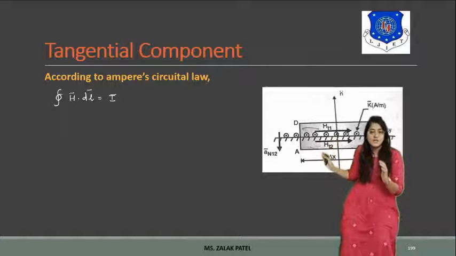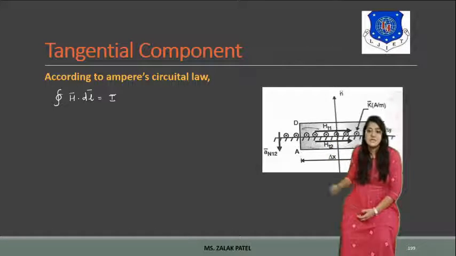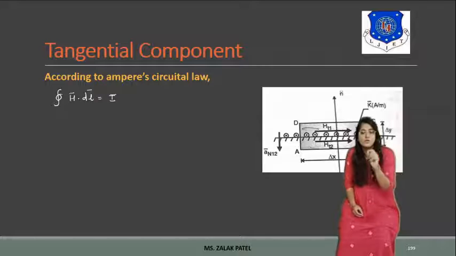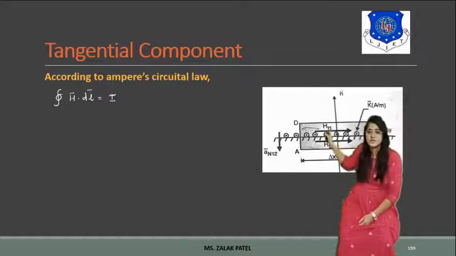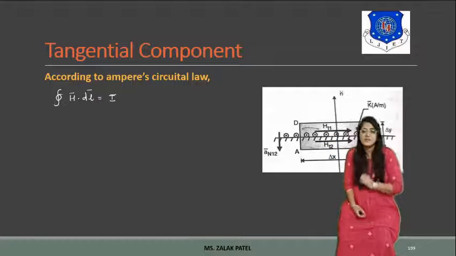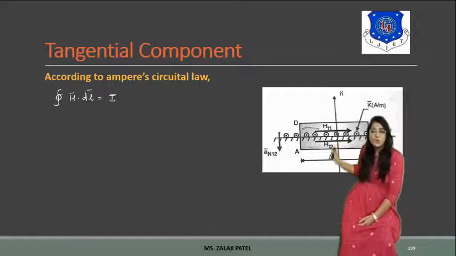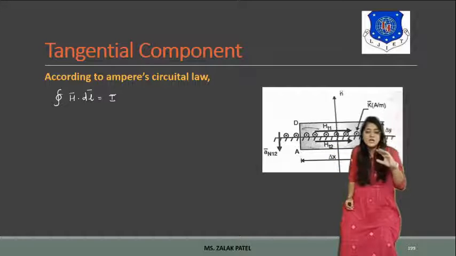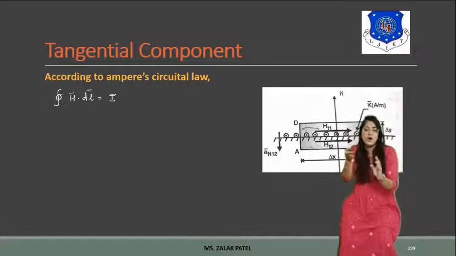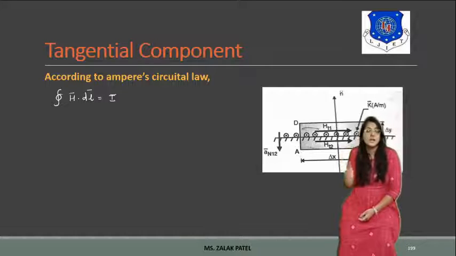Here, the rectangular path is ABCD and it has the components of magnetic field intensity, that is Ht1 and Ht2. You can see this is Ht1 and this is Ht2. So if you see this figure, you can note that the components are present only on the horizontal lines, not on the vertical lines.